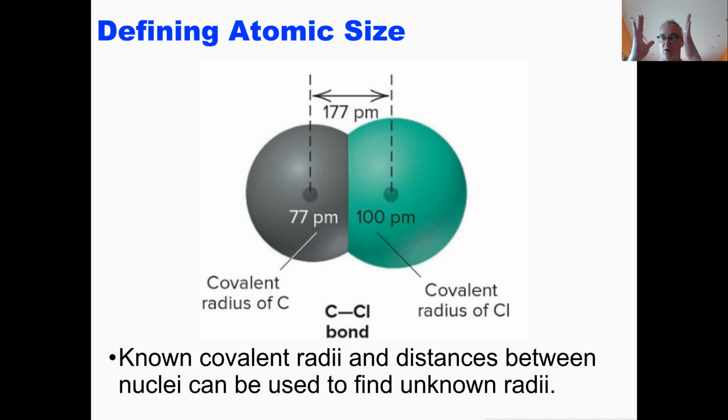So a carbon-chlorine bond is about 177 picometers long. We can measure these numbers quite accurately to find the bond distance between elements that either share electrons or steal electrons from each other.